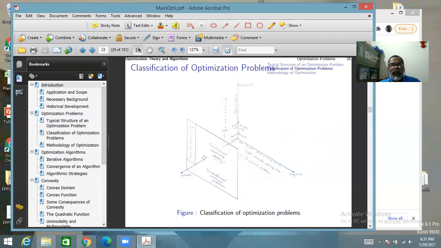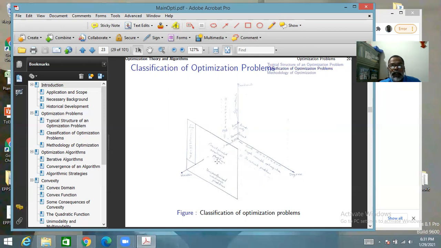So you will reach this zone, which is nonlinear optimization problems. Now, a special case of this will be linear optimization problems here, in which everything is linear. Another special case of this will be at the bottom, unconstrained optimization, no constraints.